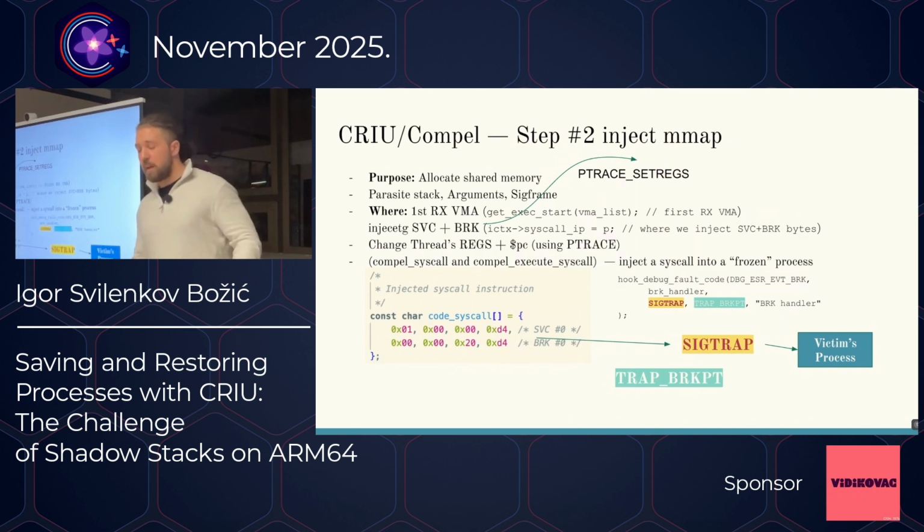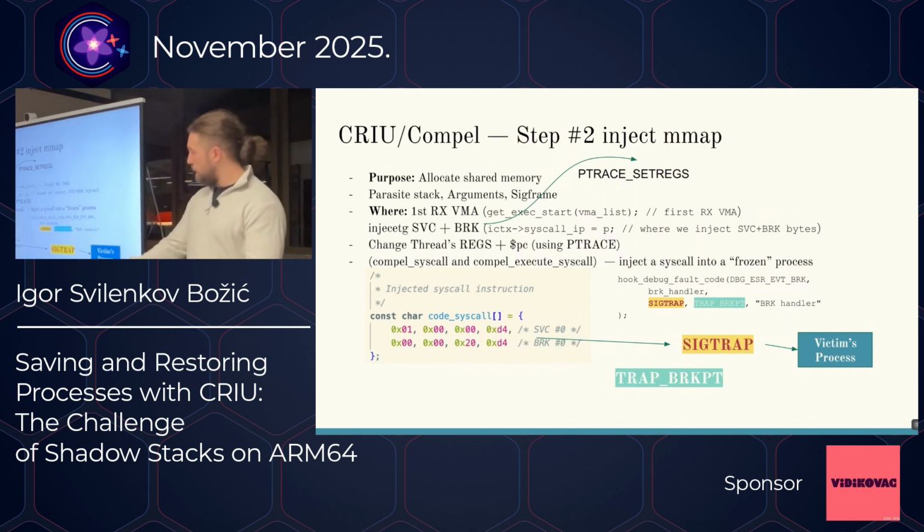So ptrace has functions that would allow you to write to the remote process's registers, for which you acquired ownership previously. And you can write to registers and memory. And there's literally a syscall ABI for this, which is quite easy to use.